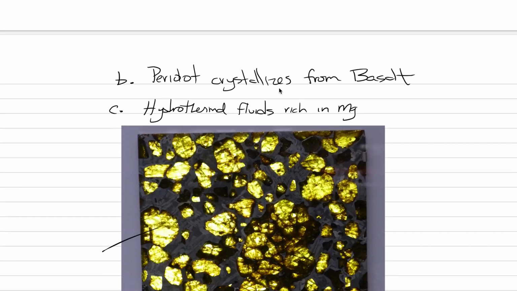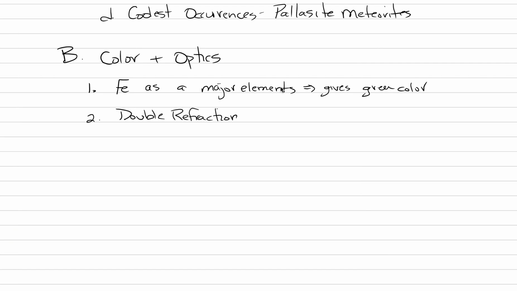We did this demonstration in class with calcite and a dot. And when we put calcite above a dot, it made 2 dots. Well, the same process goes on here, where the light is split into 2 beams. And they have different travel velocities, right? The index of refraction is different in the different crystallographic directions. So the light is split into 2 directions that have different speeds, and so they split.